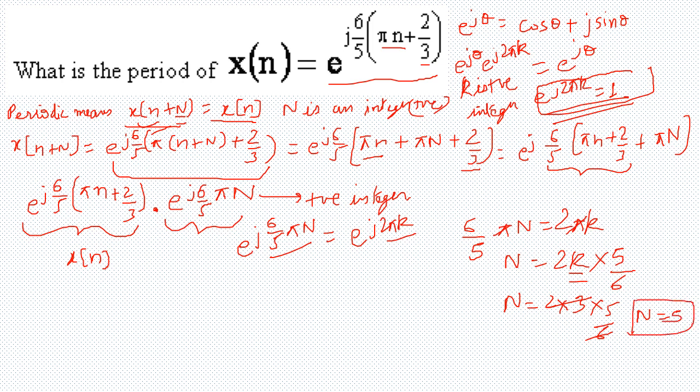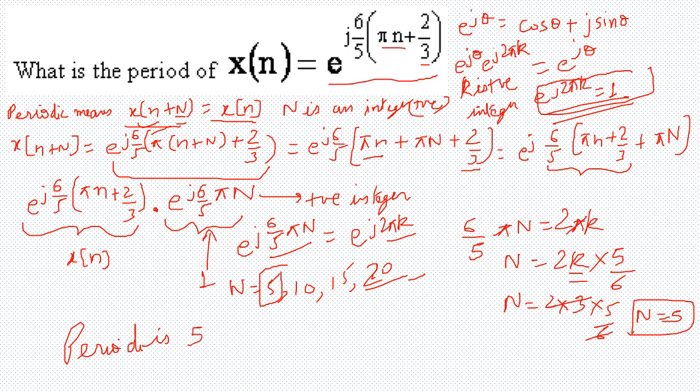So we can make it periodic, or make this go to 1, if N is equal to 5. Multiples of that, if you make it 10, 15, 20, will definitely also go to 1, but the smallest value is 5, so the period is 5.